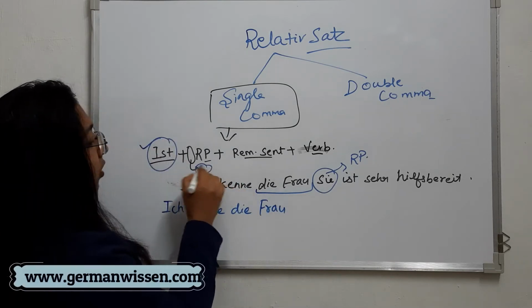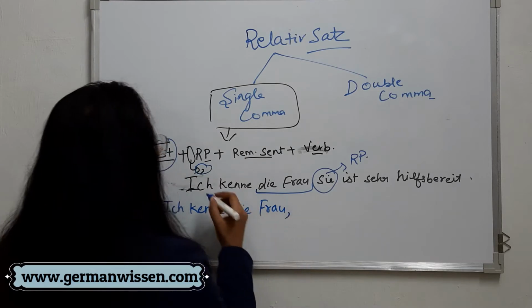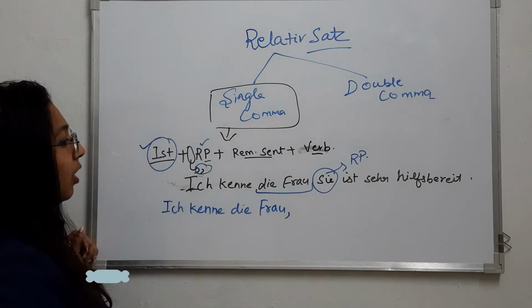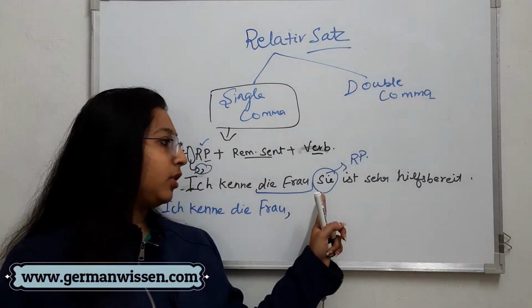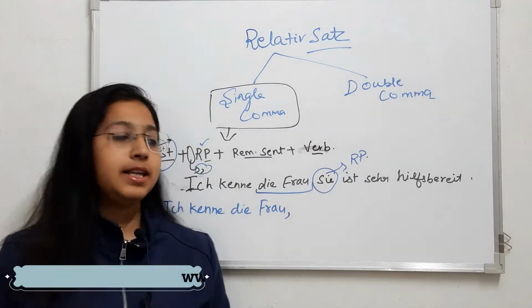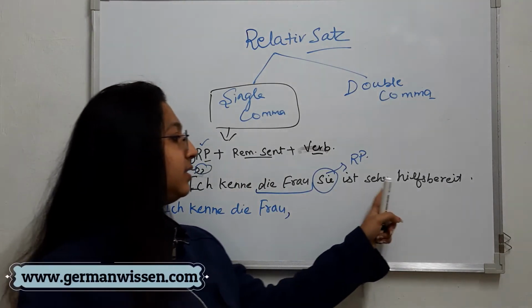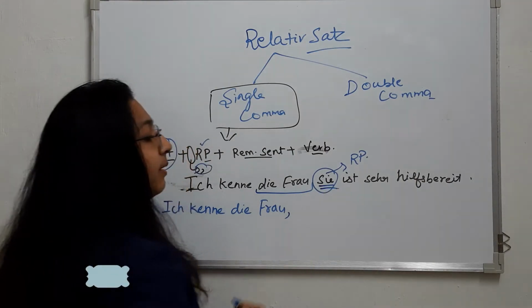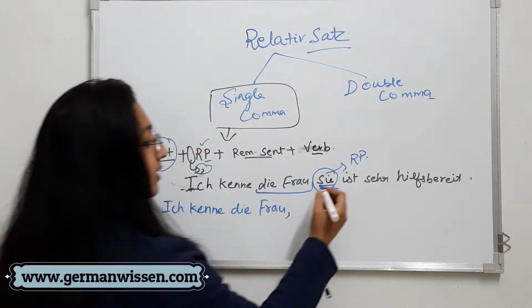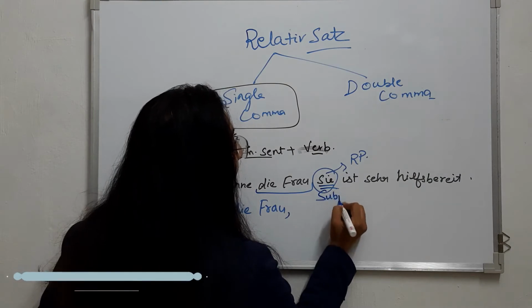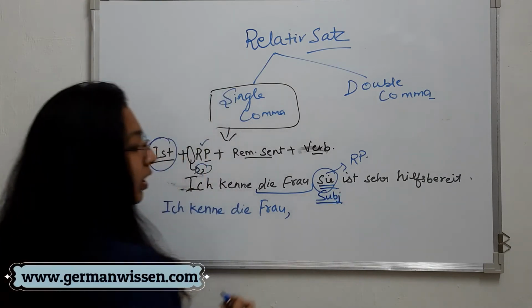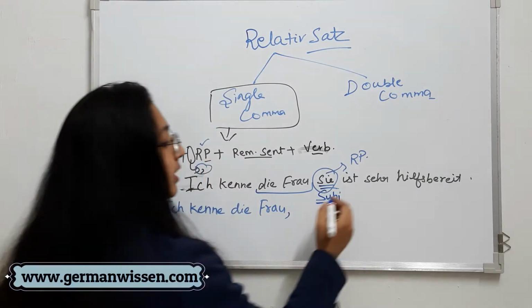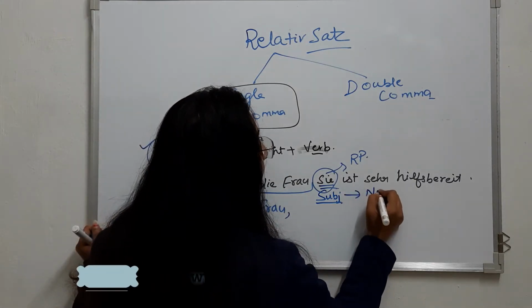Then we have to write a comma. Okay. Then the relative pronomen. Now how will you check which relative pronomen we can use for this? See here: Sie ist sehr hilfsbereit. Sie here is the subject, and as per the rule your subject always comes under nominative.